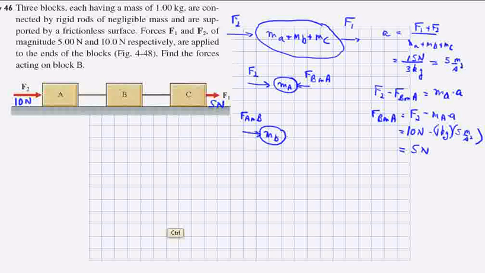And in the other direction it's going to have F of C on B. Okay, so I can write a Newton's second law equation for mass B, and that will go M_B times a, same acceleration as before, is equal to F of A on B minus F of C on B. This is net force to the right.